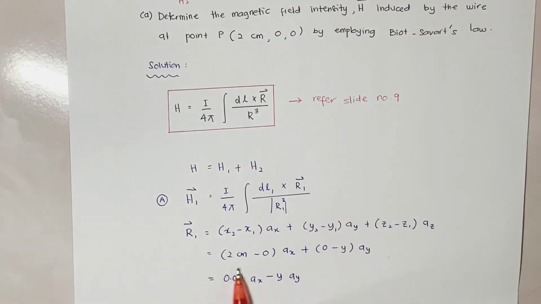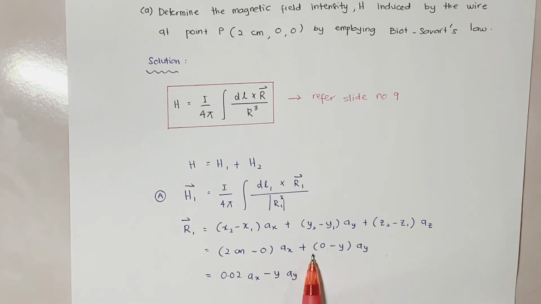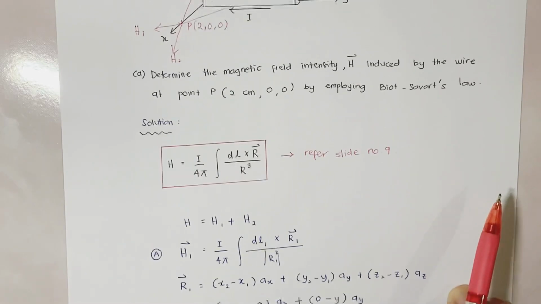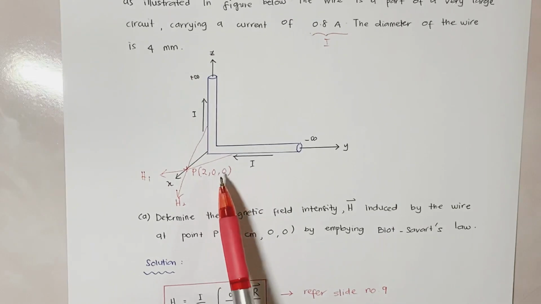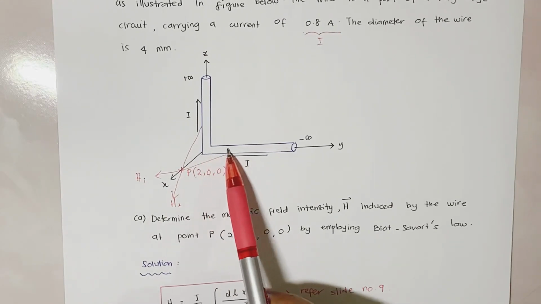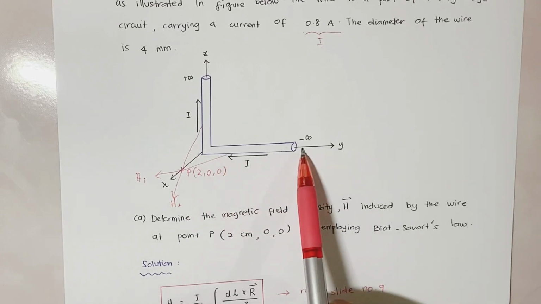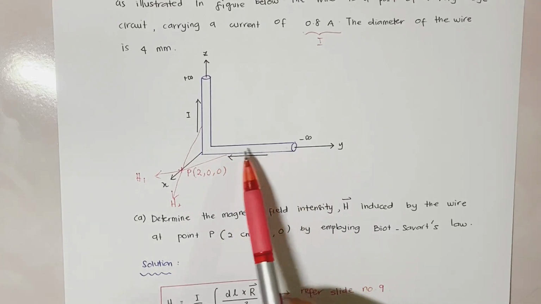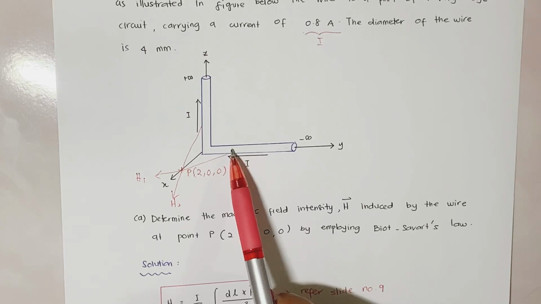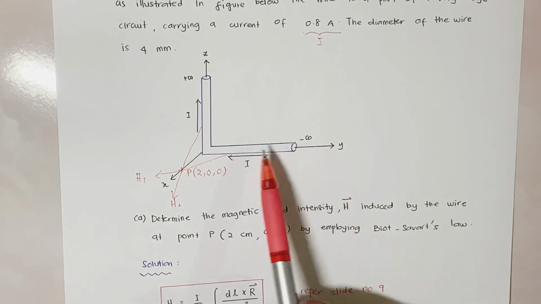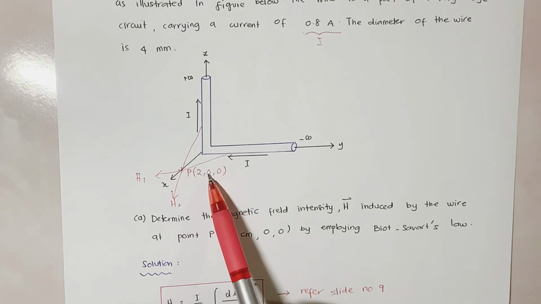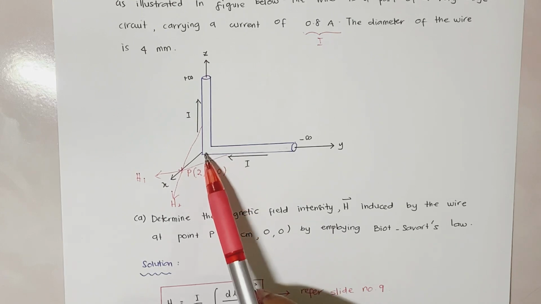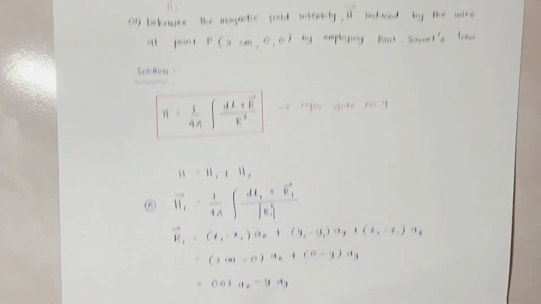This is 2 minus 0 ax, plus 0 minus y. Why 0 minus y? Because at this point y is 0, minus y, where y is along the wire. We don't know the point of y, whether it is at y equal to 1, 2, 3, etc. So it is best to use 0 from this point P, minus y, putting a general y here.